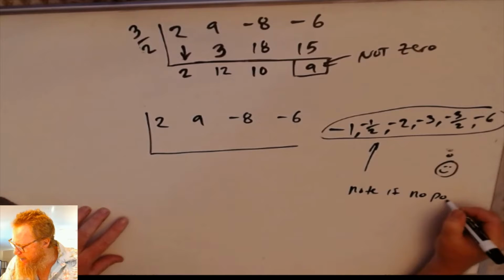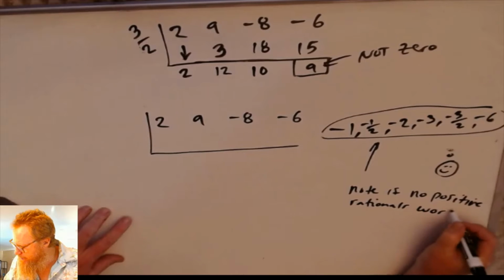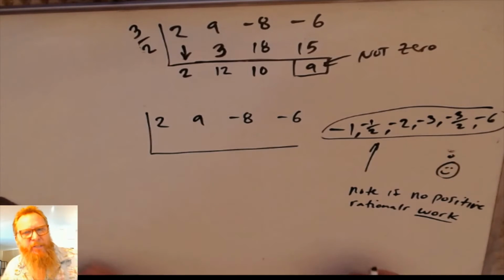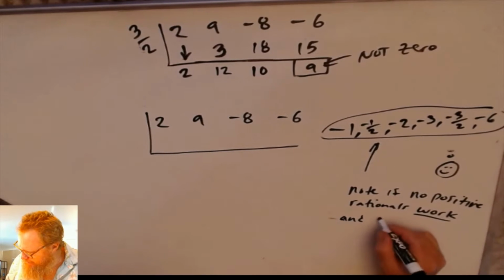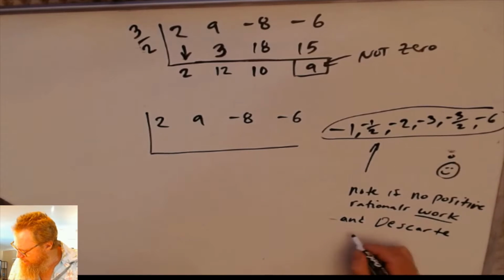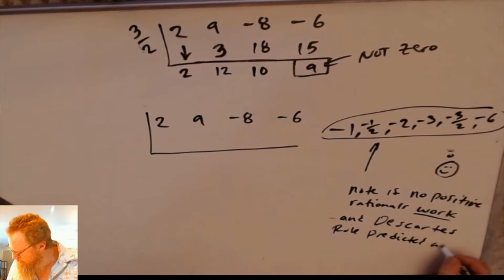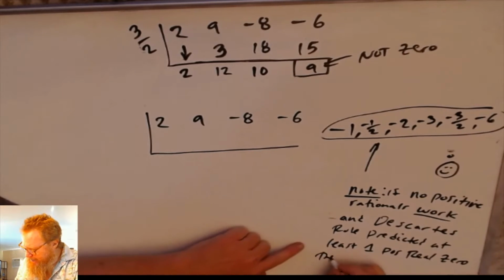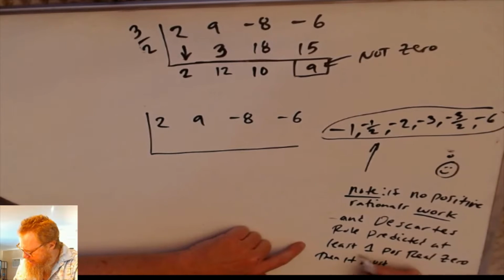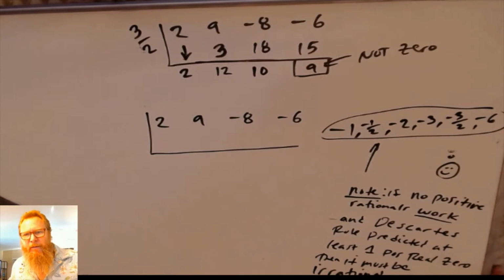If no positive rationals work, and when I say work, I mean give you a 0 remainder, and Descartes' rule predicted at least one positive real 0, then it must be irrational. I don't know if you can see that.